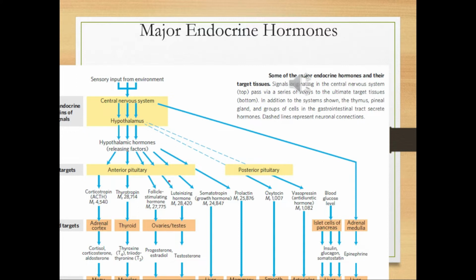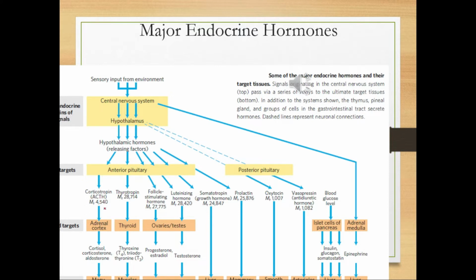These 8 hormones, in result, will act on the second target glands. So the second target glands are adrenal cortex, thyroid, and ovaries and testes. They release the ultimate hormones, for example cortisol. If we talk about the adrenal cortex, the anterior pituitary will release corticotropin hormone.